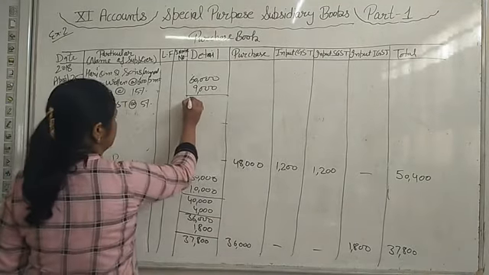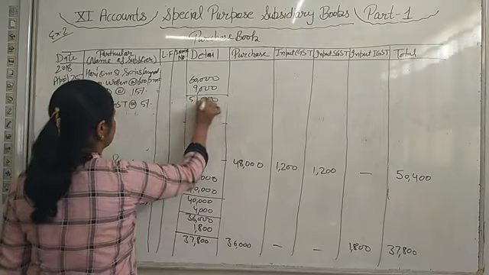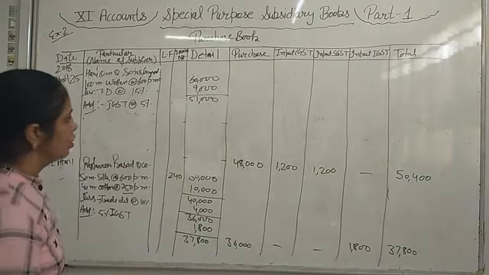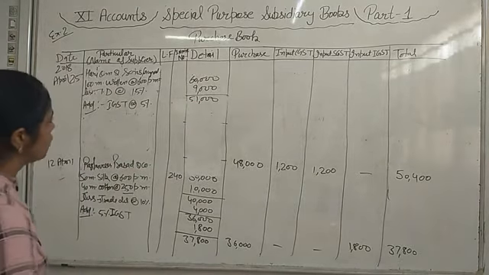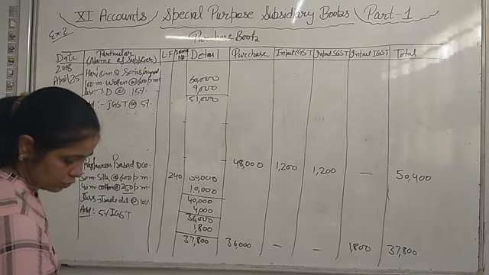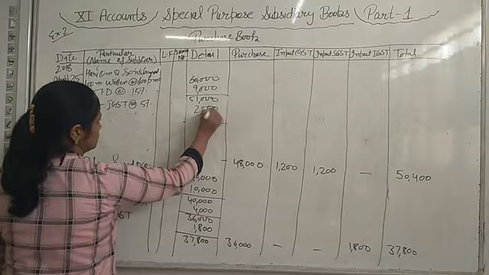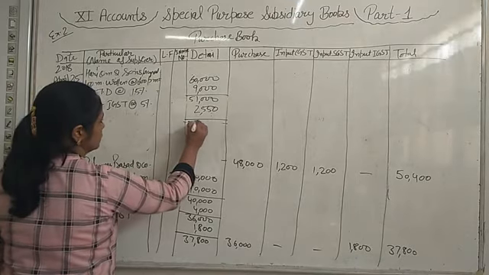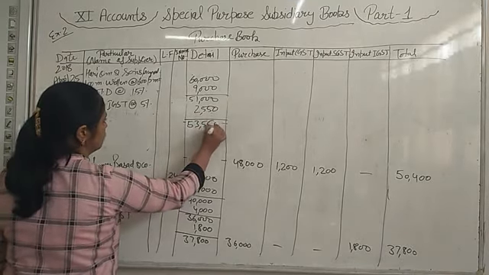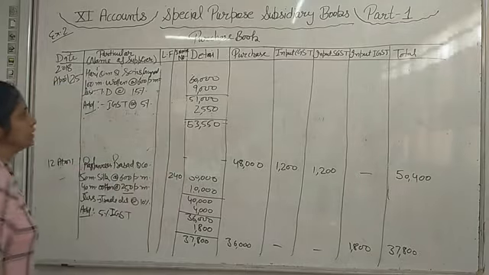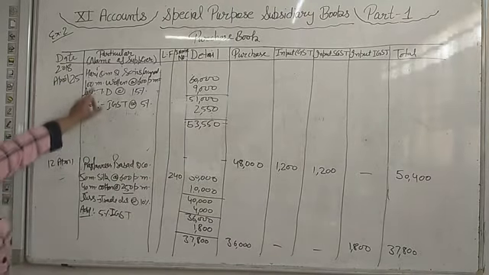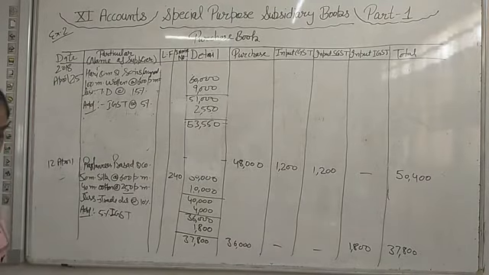We deduct the discount, it will come 51,000. 5% of 51,000 will come 2,550. Add this, 53,550 is the net amount that we have to pay to Hari Om and Sons.